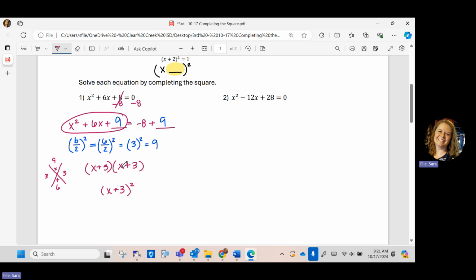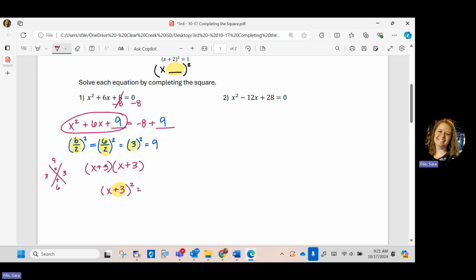You don't have to do this X method every time. I am telling you that what goes in that blank is half of b. It's this b divided by 2, which is the 3. And you can see it was just a 3 that went there. So far, so good?